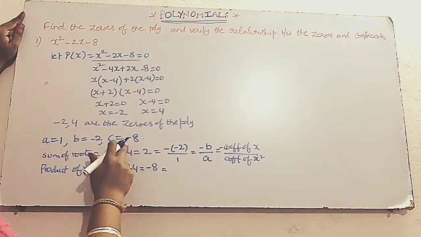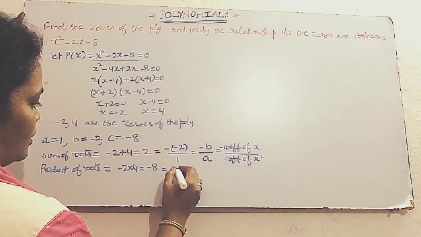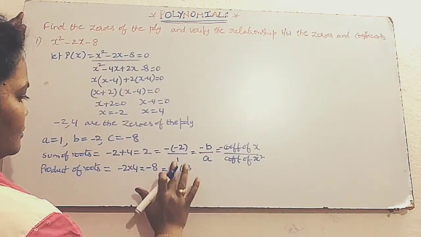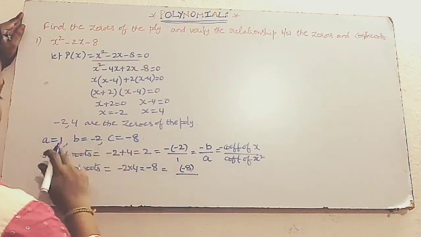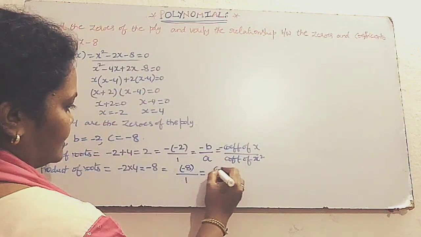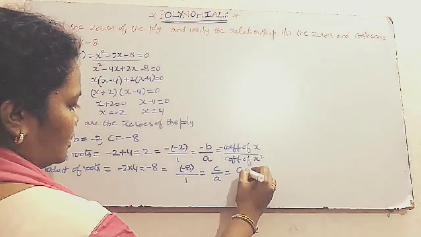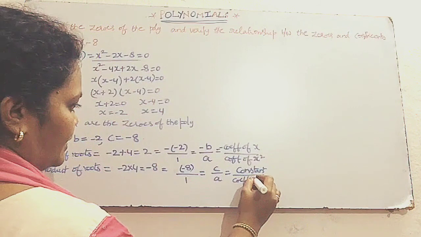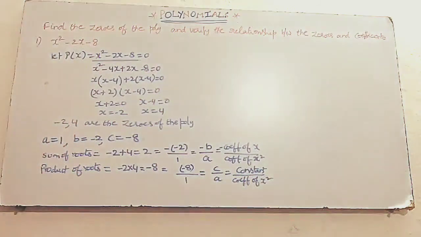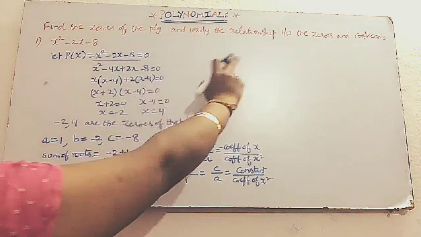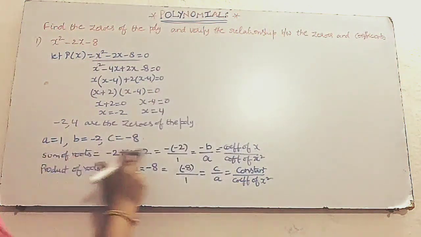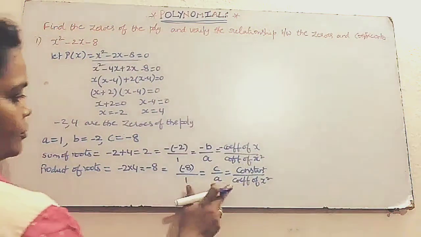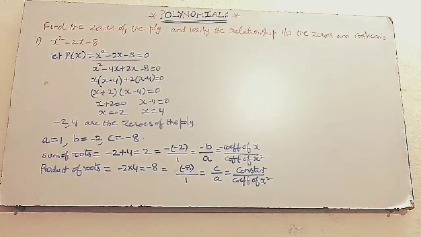That is the constant, so I will write minus 8 by 1, that is equal to c by a, that is constant by coefficient of x square. So the relationship between zeros and coefficients: sum of roots equals minus coefficient of x by coefficient of x square, and product of roots equals constant by coefficient of x square.